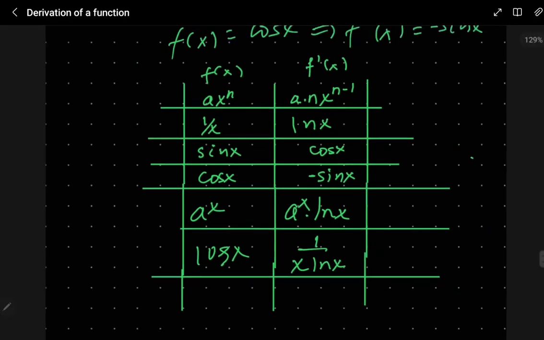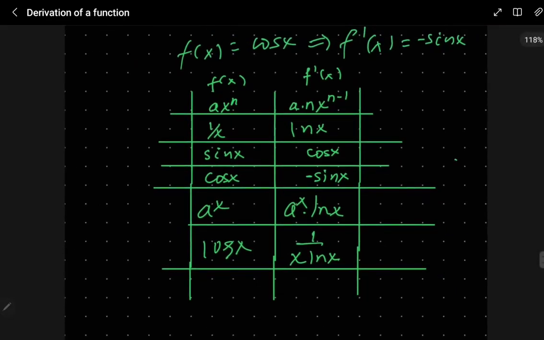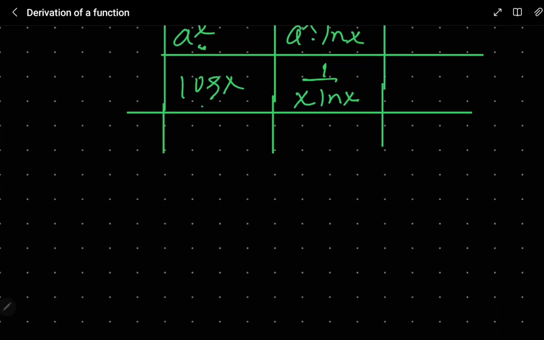So these are important derivatives that we should note. This is for polynomial, these two are for trigonometry, but this one is for exponential. The last ones are for the others, and there are important rules, okay?